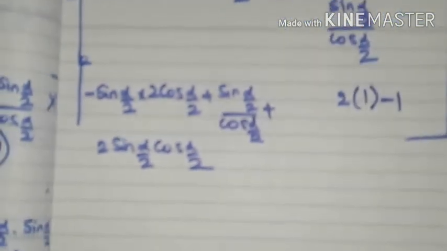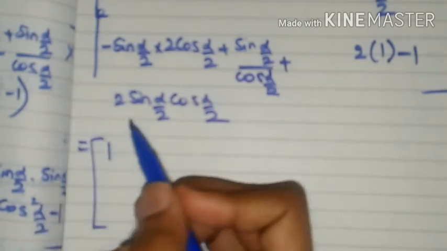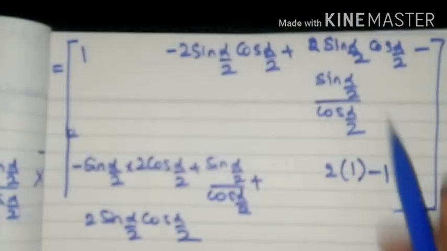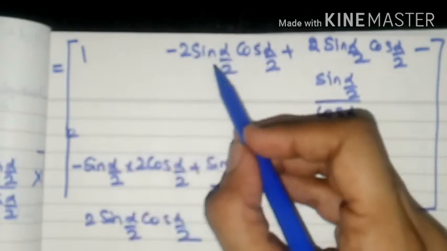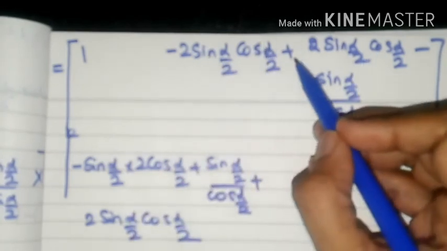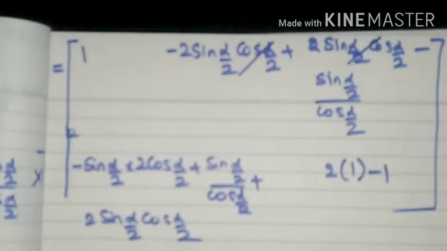So now let us use this to simplify further. So you'll get 1. Now if you see in this term, what else can I do? This and this will get cancelled. See, minus 2 sin alpha by 2 cos alpha by 2 plus 2 sin alpha by 2 cos alpha by 2. So these two terms will get cancelled. Similarly here also these two terms are just the same, only the sign is different.